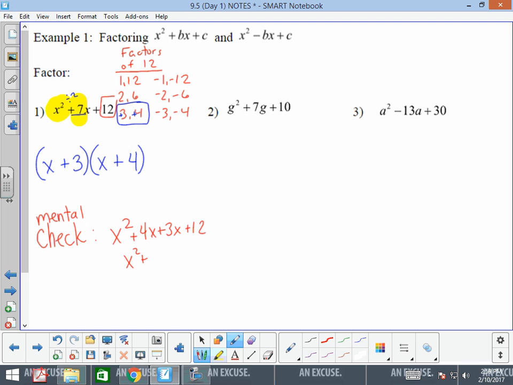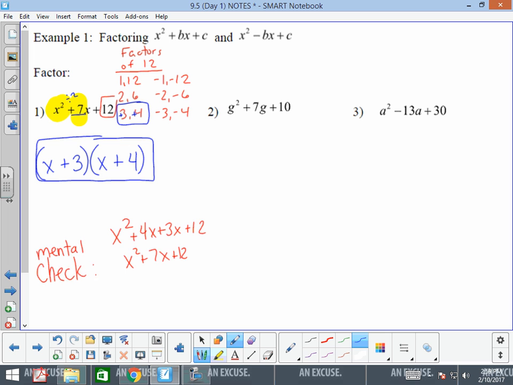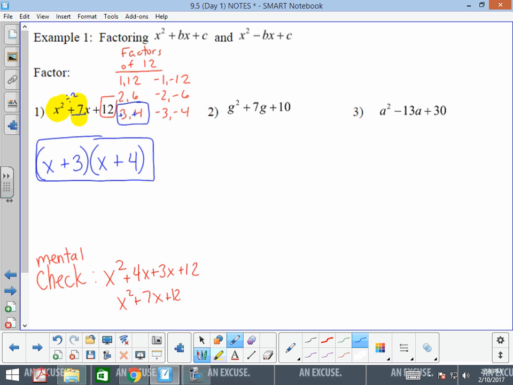Whenever I check this, I do get the problem that I started out with. So my final answer is x plus 3, x plus 4. This mental check is optional on paper, but I would rather you do it in your head. It's a very good thing to check your answer.